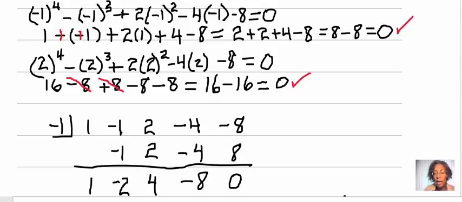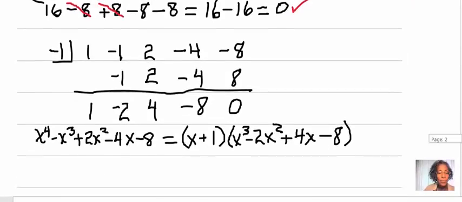So you could have used either replacement of x with the root, seeing if the result is 0, or you could have used synthetic division, seeing if the remainder is 0. So both of these processes aren't necessary, one or the other.